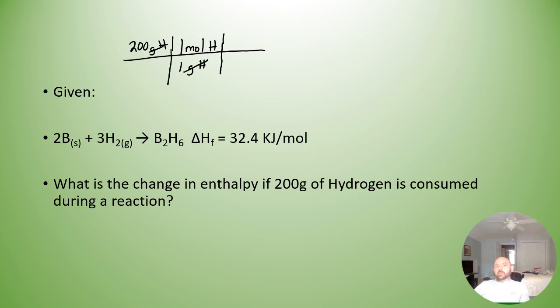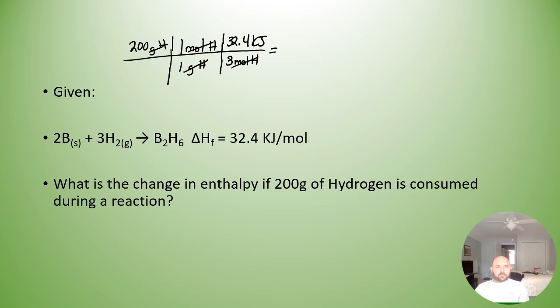Our thermochemical equation tells us that for every 3 moles of hydrogen reacted, 32.4 kilojoules of energy is involved. So 32.4 kilojoules per 3 moles of hydrogen will allow us to cancel out and have our answer in kilojoules.